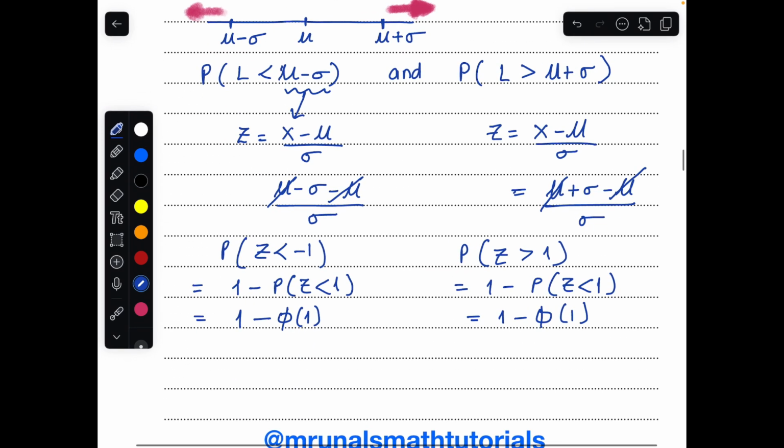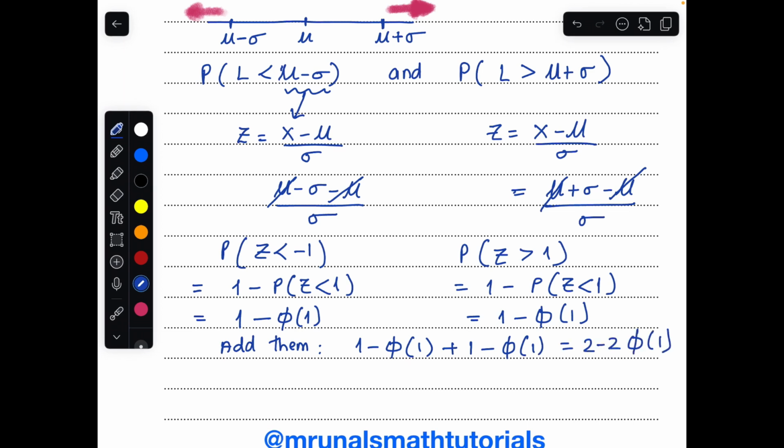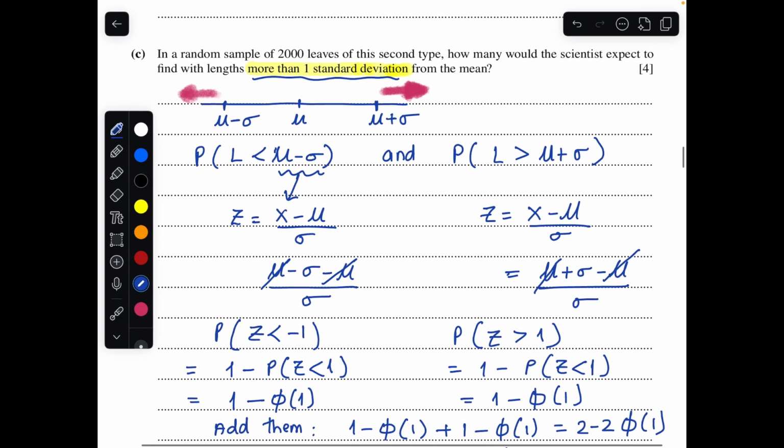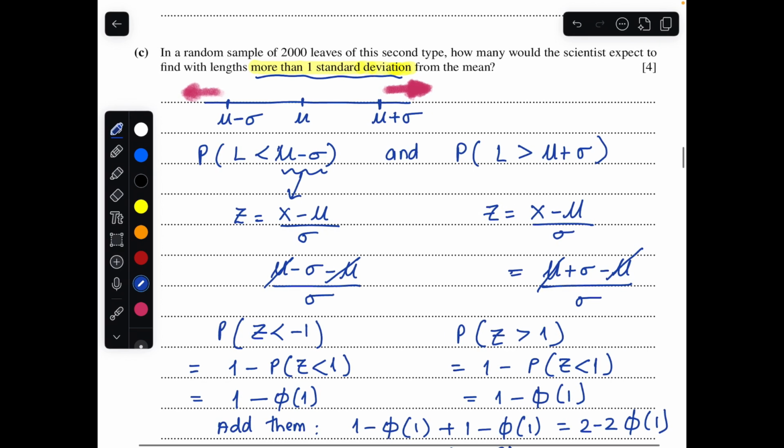So if you add these two, you're going to get 1 minus phi of 1 plus 1 minus phi of 1, that is 2 minus 2 times phi of 1. Phi of 1 is 0.8413. This works out to be 0.3174.